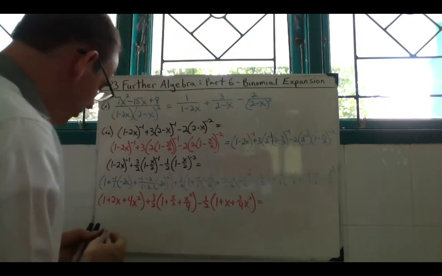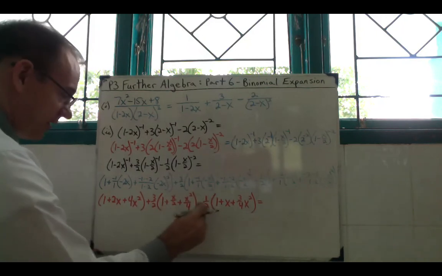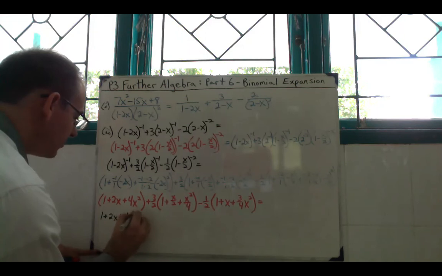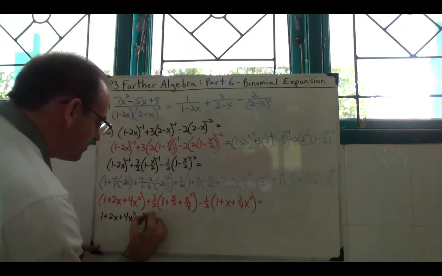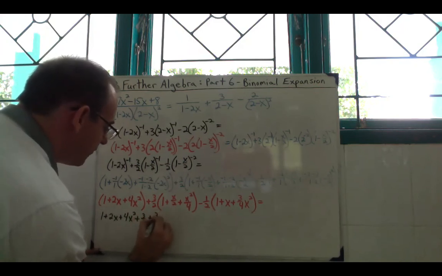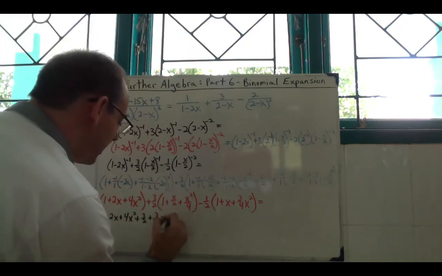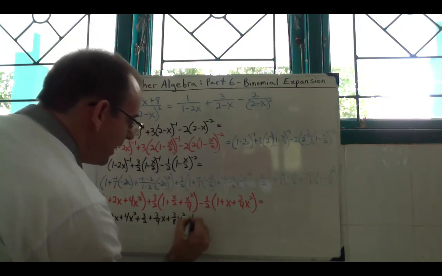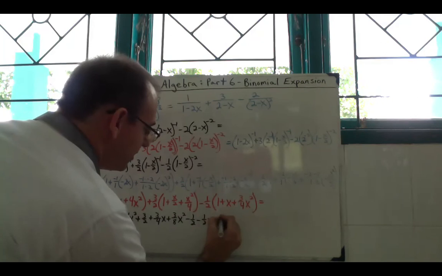And we want to distribute these outside coefficients, so 1 plus 2x plus 4x squared plus 3/2 plus 3/4 x, and we distribute this, and 3/8 x squared minus 1/2 minus 1/2 x and minus 3/8 x squared.